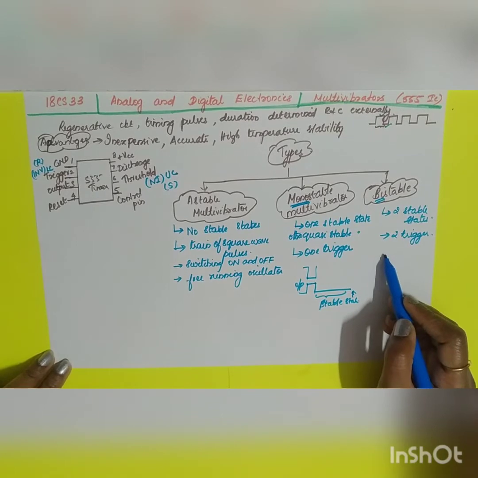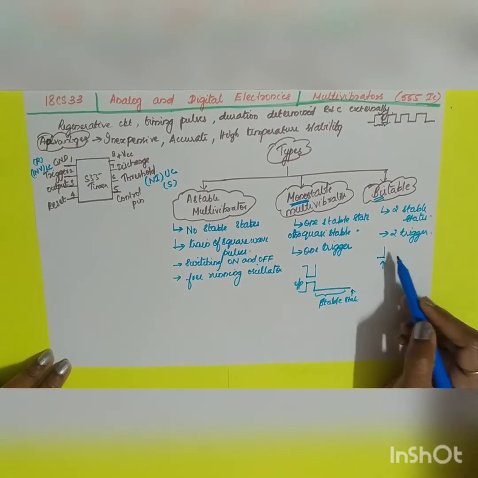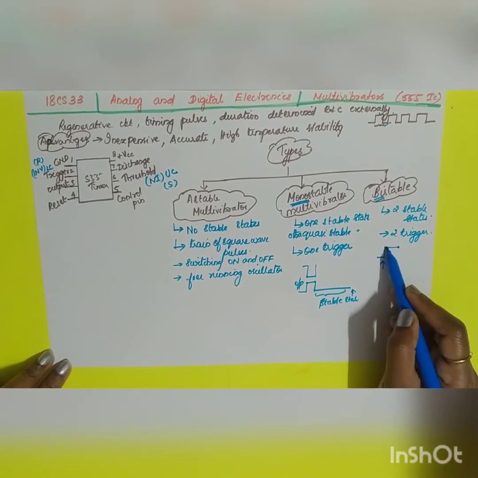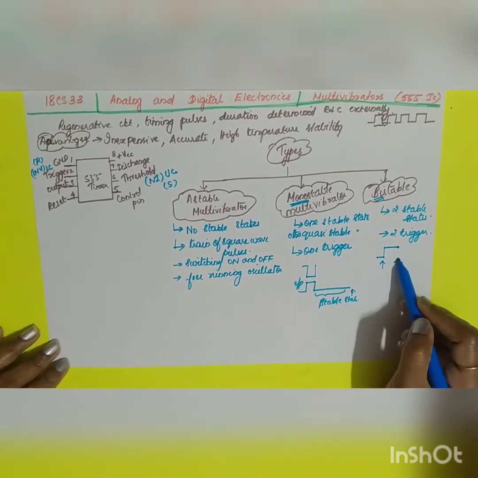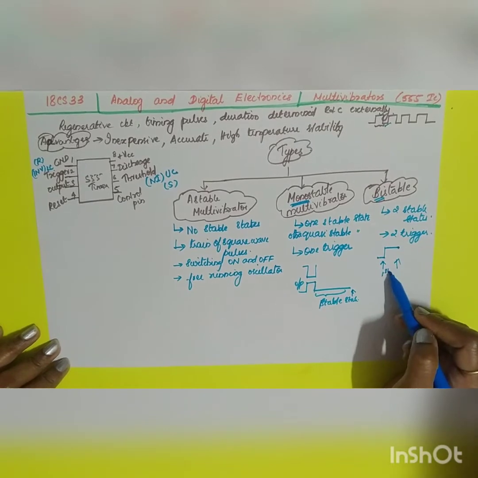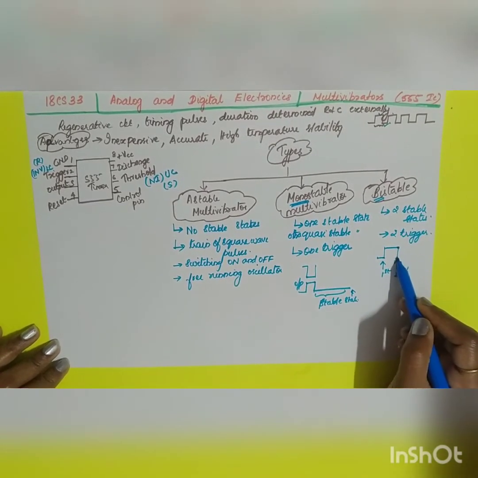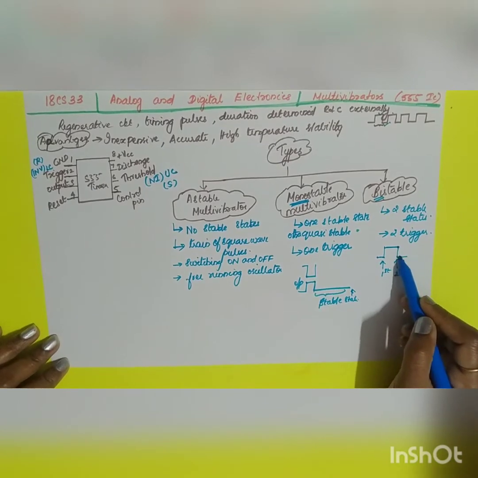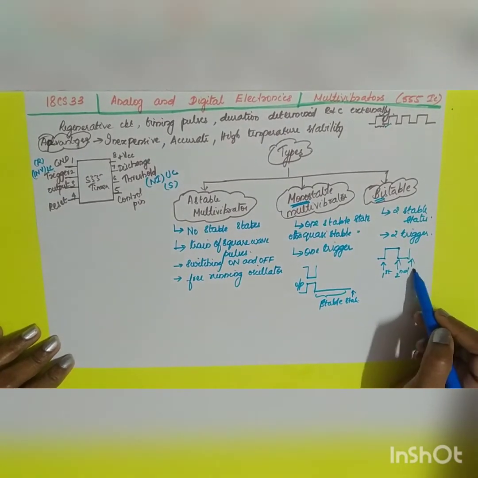Whereas in the case of bistable, it has both the stable states. If you want to convert it into your first state, you have to apply the first triggering pulse. It will be in the on position until you apply the second triggering pulse. If I want to change from negative to positive again, you have to apply the next triggering pulse.